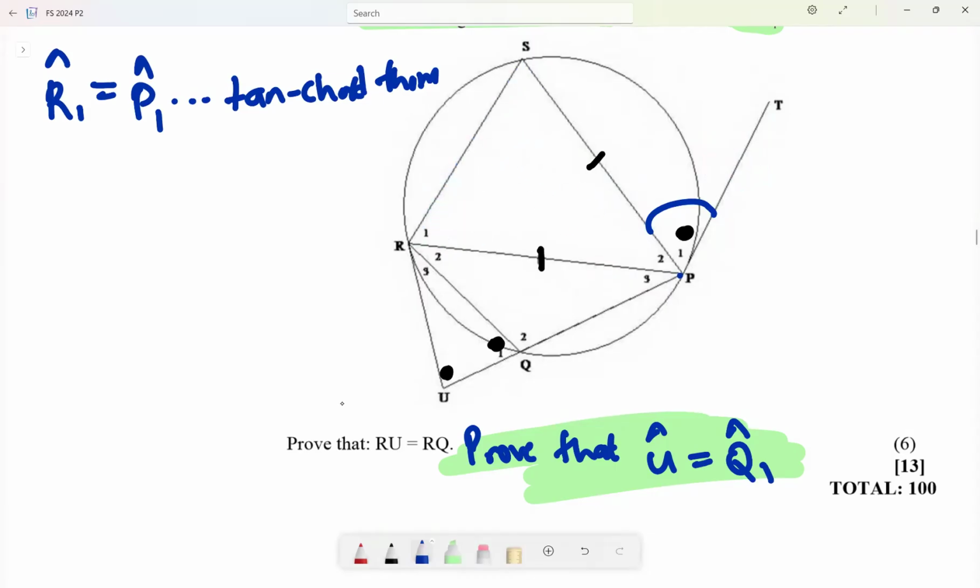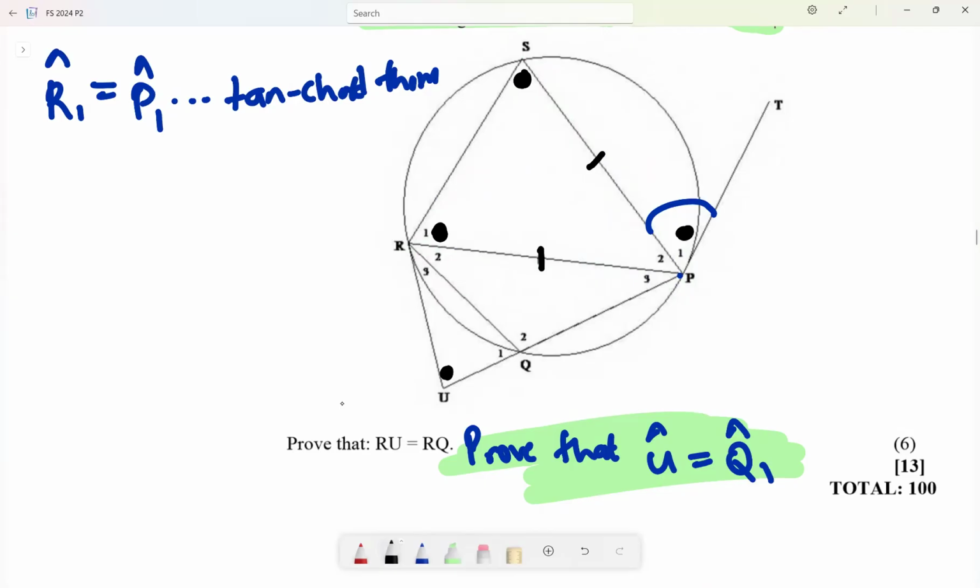Then I'm going to highlight this with black because I've proven it is equal to that one. But remember, if these two sides are equal, then this angle and this angle are equal. So I can now shade this one.